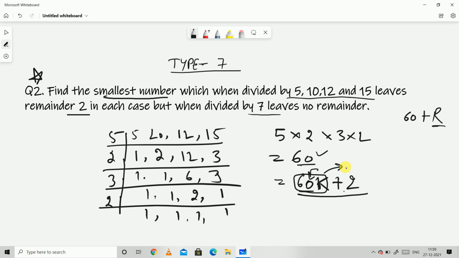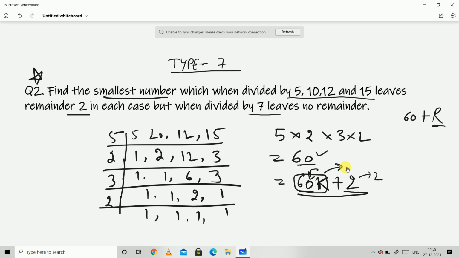But since we have done plus 2 here, always we'll get a remainder of 2. So therefore 60k plus 2 is a number which when divided by these 5, 10, 12 and 15 is always going to leave a remainder of 2. Okay. So the form of this smallest number which when divided by these numbers leaves a remainder of 2 will be 60k plus 2. Okay.